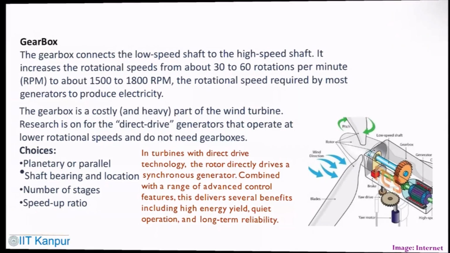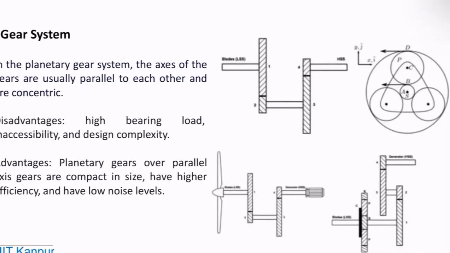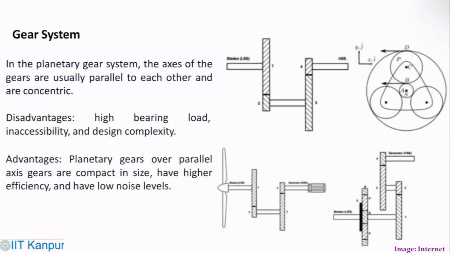Now, if you look at different gear systems, this is an example of a planetary gear system. Okay. So these are usually parallel to each other and concentric. So this is what happens.